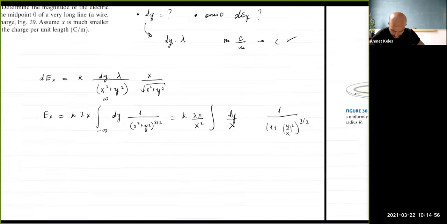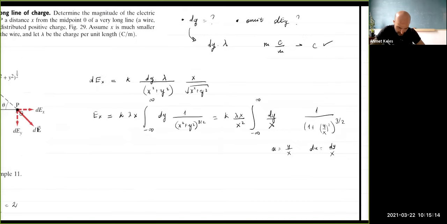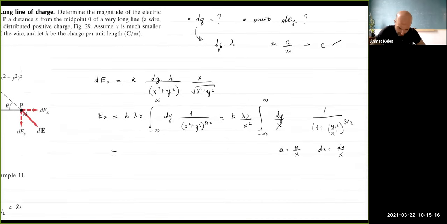Now I want to call y over x u. So this is minus infinity to plus infinity. Let's call u equal to y over x. du is equal to dy over x. So this integral will be, okay, this nicely cancels.